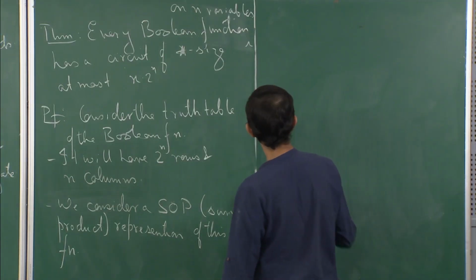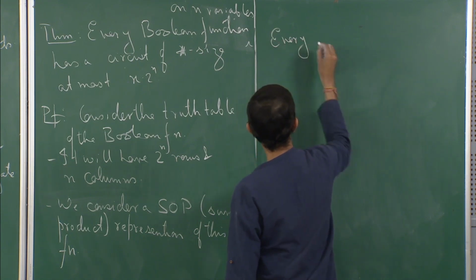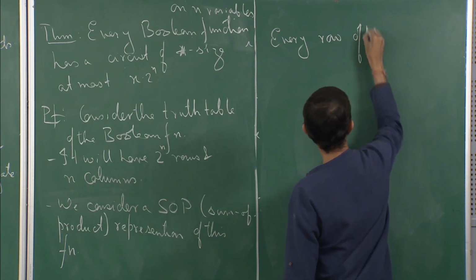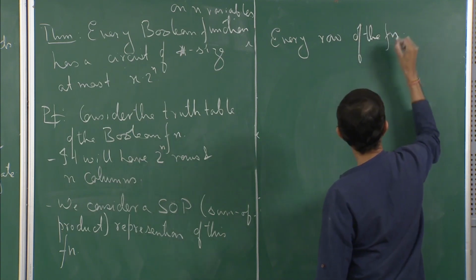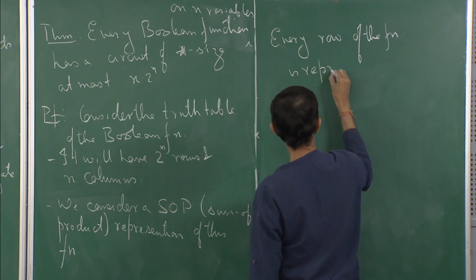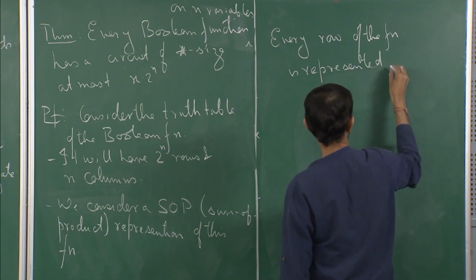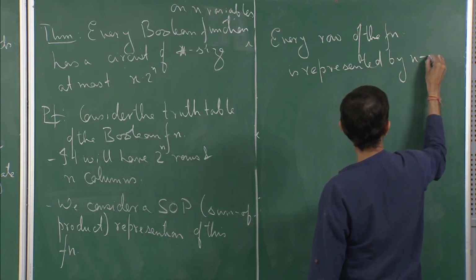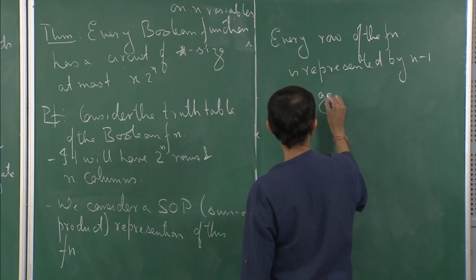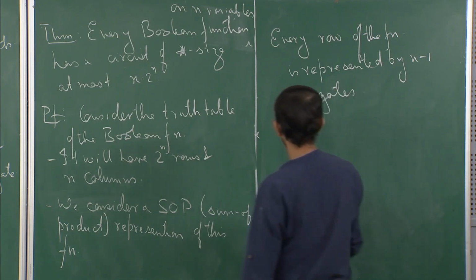Now in this representation, every row of the function is represented by n minus 1 AND gates.